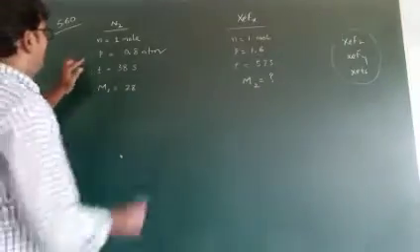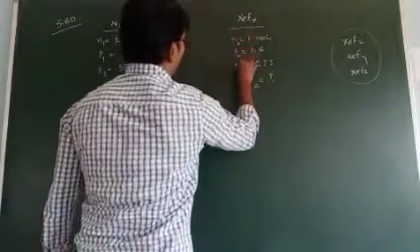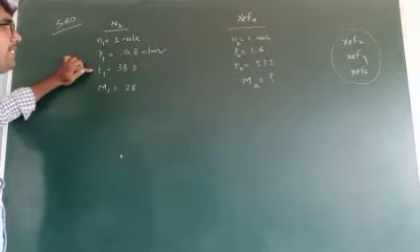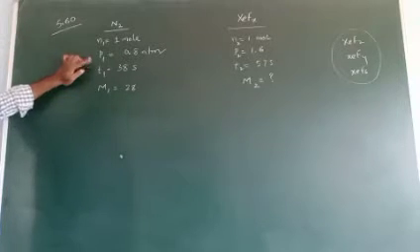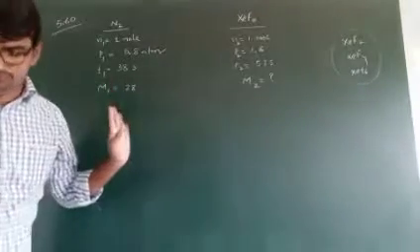Very simple. Here this is n1 P1 T1, n2 P2 T2. So P and T, is there any relation, sir? Is there any relation between pressure and time? Yes, we know that. It is very simple. Volume is same here.